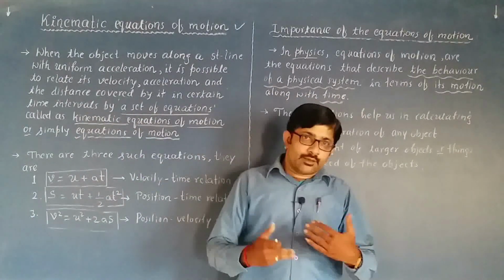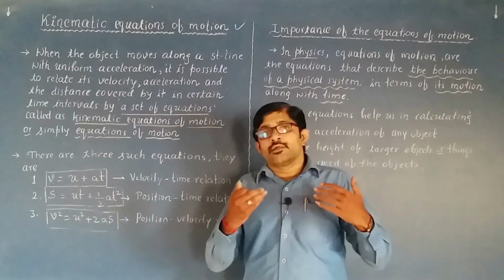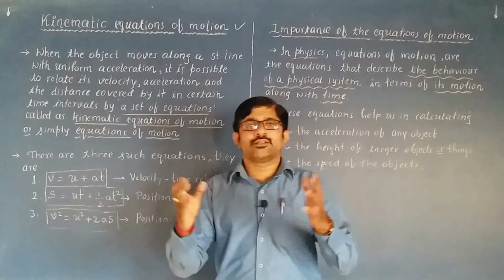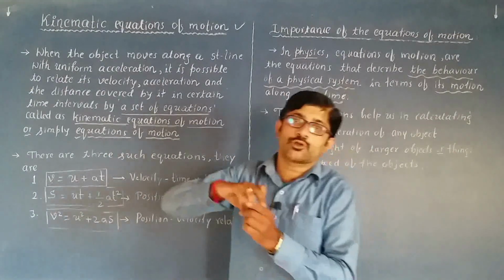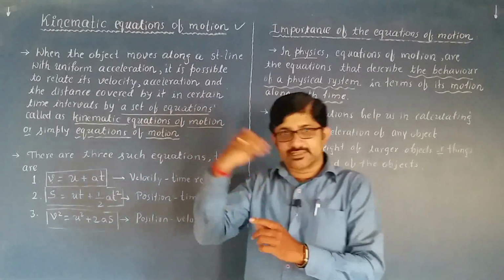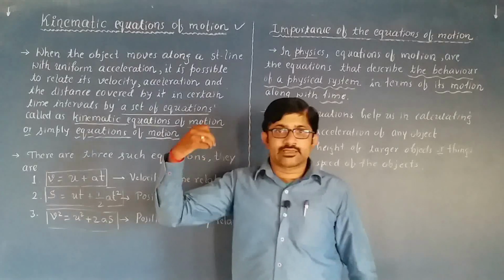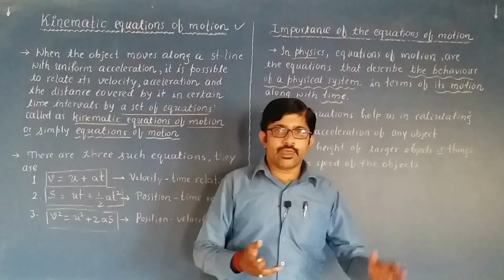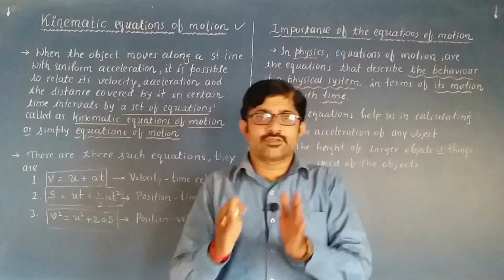If you are observing the motion of objects in the environment, that is also taken as a physical system. If you are observing the motion of celestial objects such as stars, even galaxies, and sometimes planets, all of them belong to a system called a physical system.